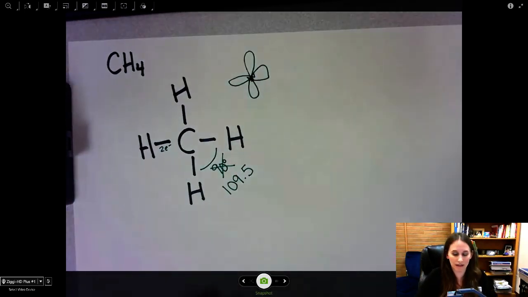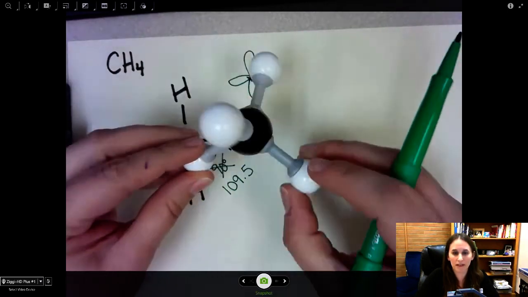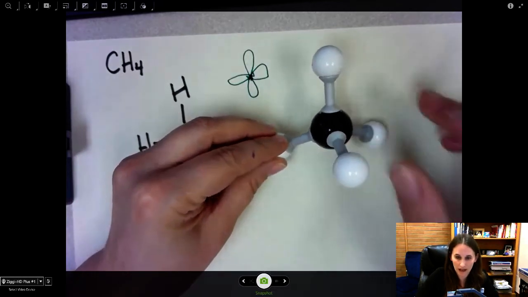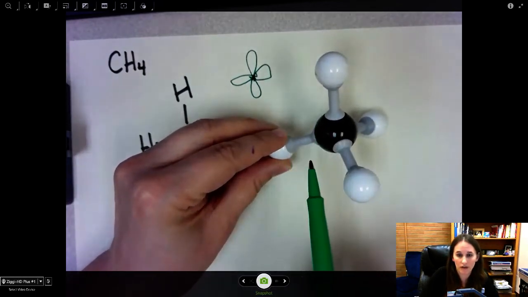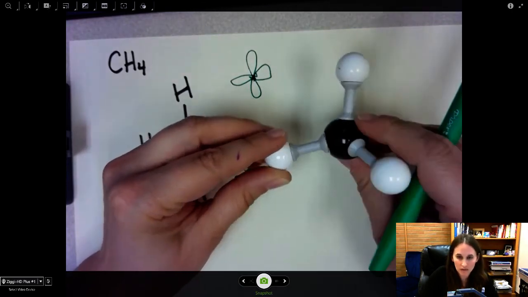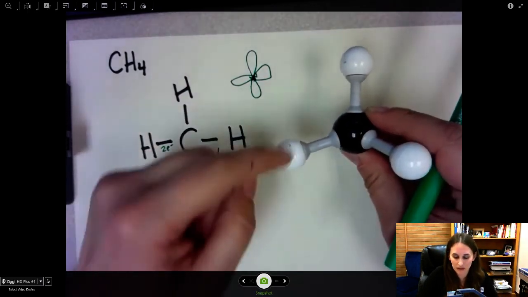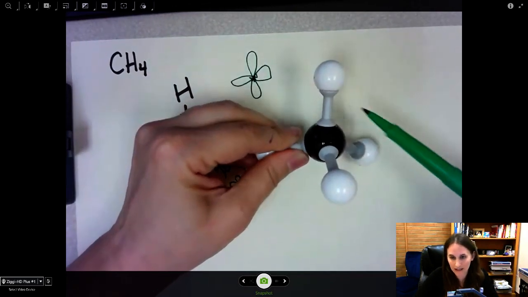And you saw this in the lab through this structure here. You didn't build this exact one, but this overall structure right here. And this angle right here is wider than a 90-degree angle. And that's because these electrons are pushing each other, not just in the 2-dimensional world that it looks like on the page, but in 3 dimensions. This one pushes up, and this one can push this one back into space.